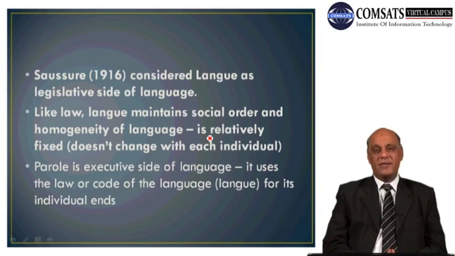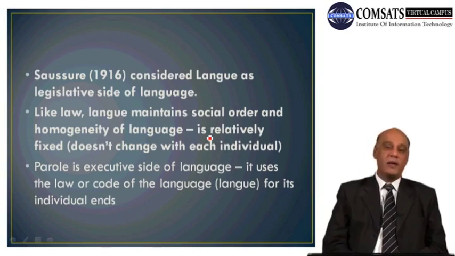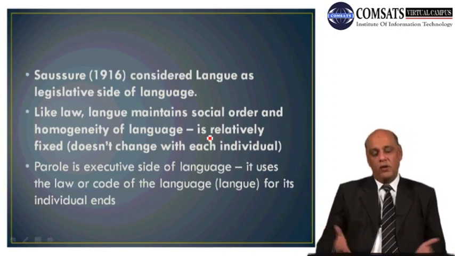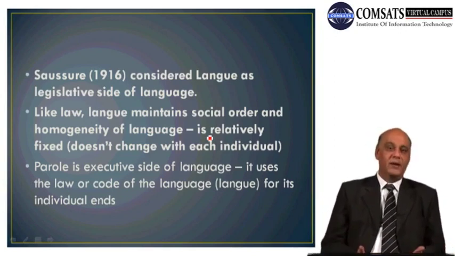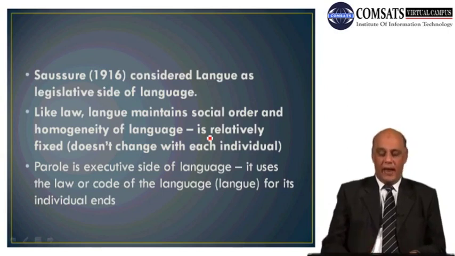You know that law is equal for everybody. So langue is equal for everybody in the same class. And it's langue that gives birth or rise to parole. And the parole can vary, but they all will fall under the same code, the same set of rules given by langue.